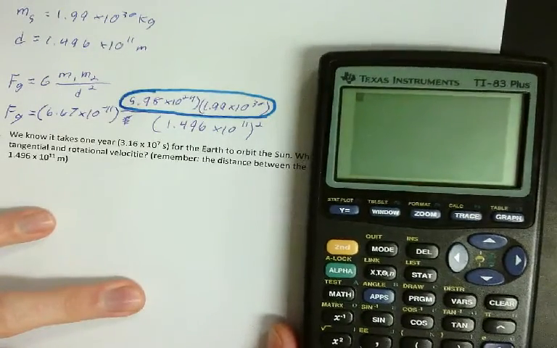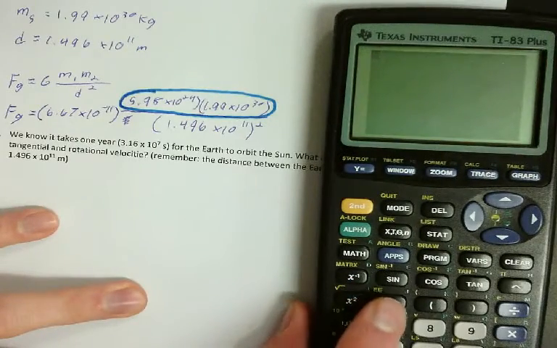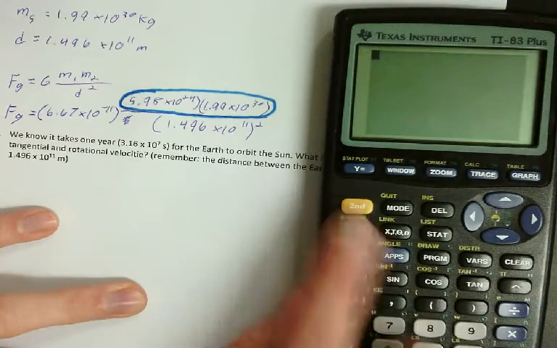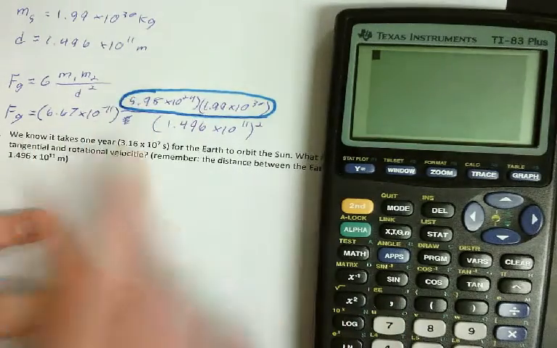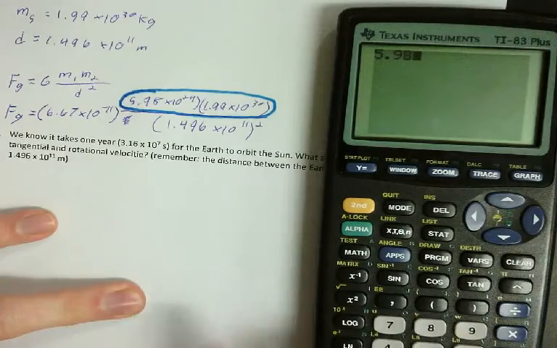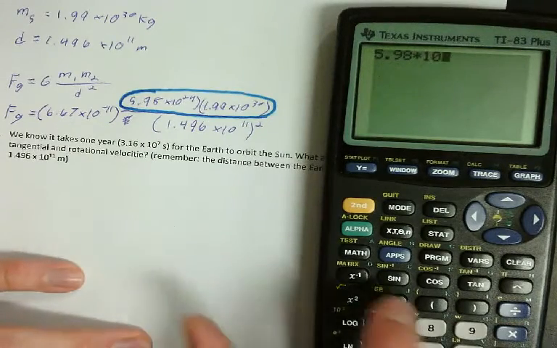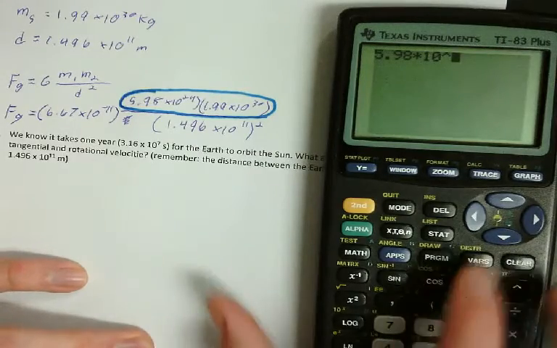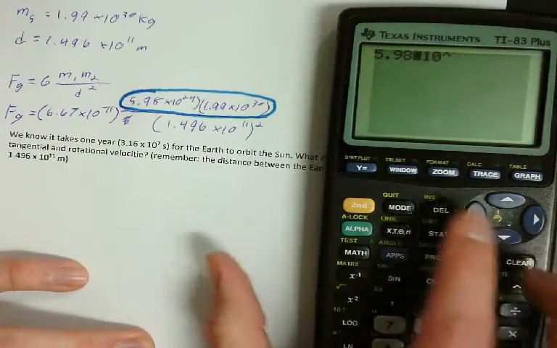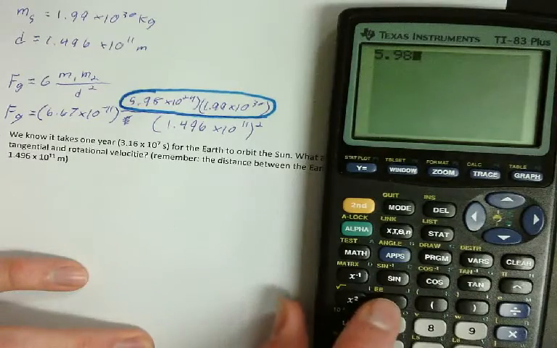But on a TI calculator, it's usually going to be this EE button, which is usually a second function, and it's usually above the 7. Not always, but usually. So I'm going to put the number in, 5.98. Don't do times 10 power. Don't do that. Okay? Instead, use your scientific notation button, which is this EE.